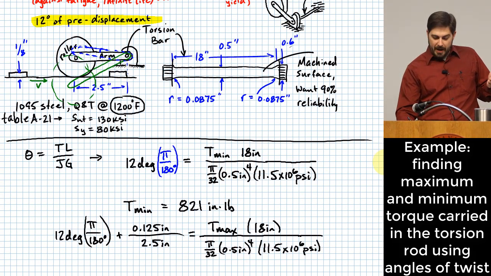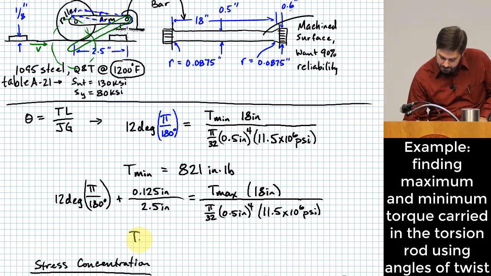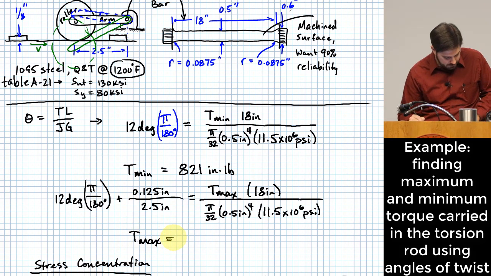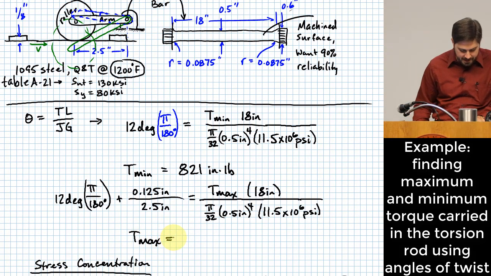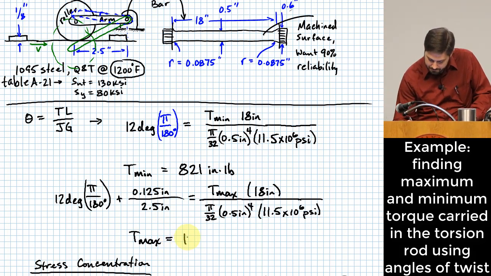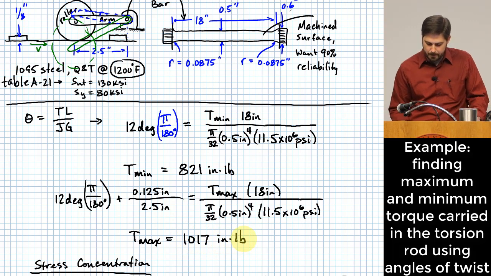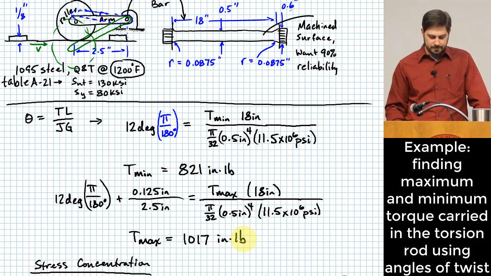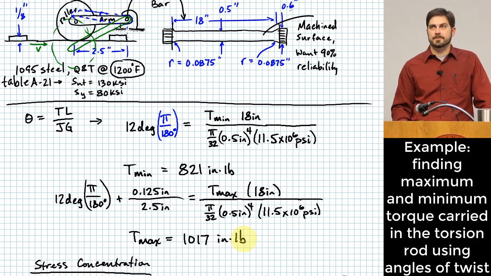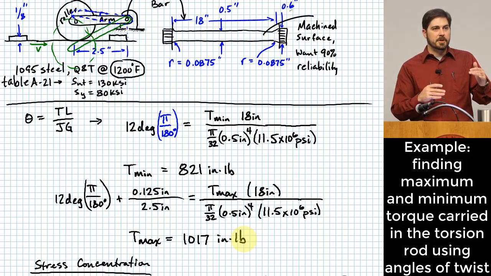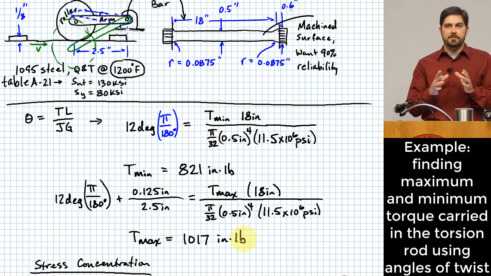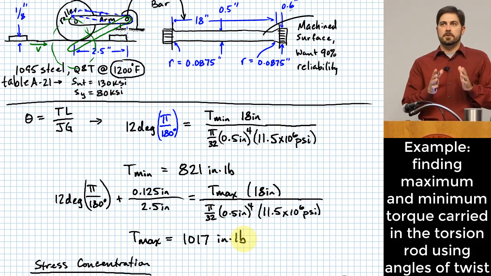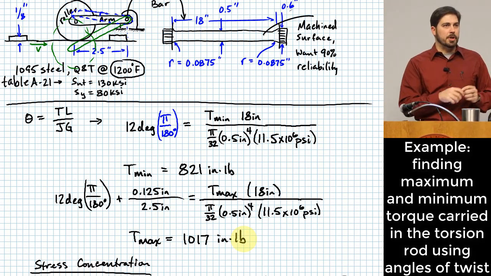So our maximum torque then becomes 1,017 inch-pounds. Okay, so what we've done now is convert a certain amount of displacement into a certain amount of torque, based on what we know about the shaft.